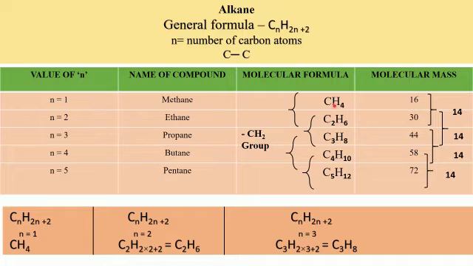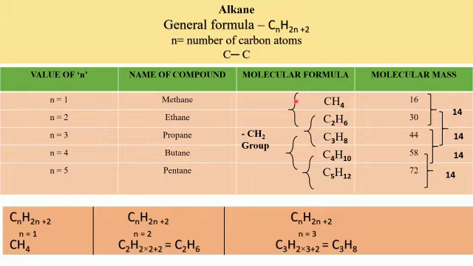If we compare the molecular formulas of any 2 consecutive members, we find that the molecular formula differs by CH2 group. For example, if we take methane and ethane as examples, they are 2 consecutive members.